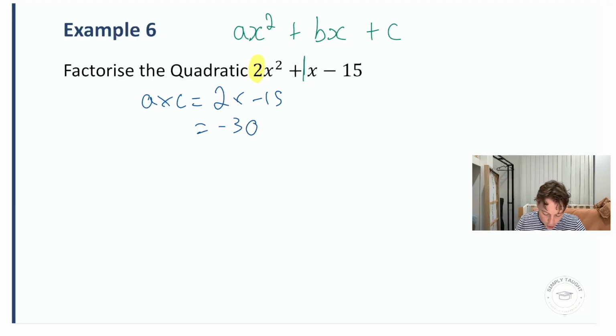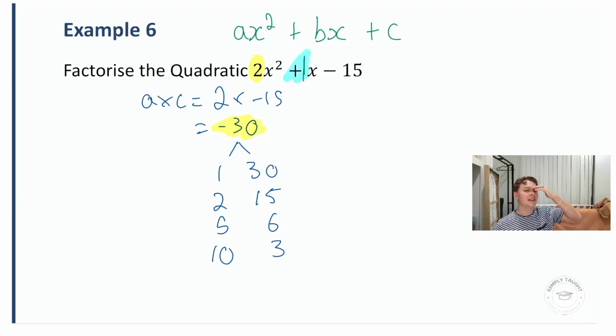Now, once I get my new number, I want to do the exact same thing I did in the previous video with the normal monic quadratics, where I look for numbers that multiply now to give negative 30 instead of negative 15, and add, we still want to add to give positive 1 here in the middle. So if I do my list of numbers that multiply to give 30, I have 1 and 30, 2 and 15, 5 and 6, 10 and 3, and I think that is the full list.